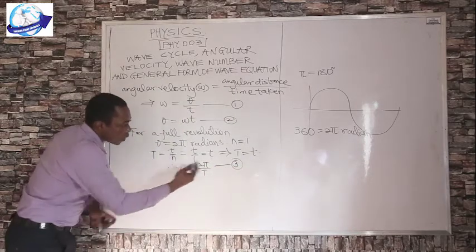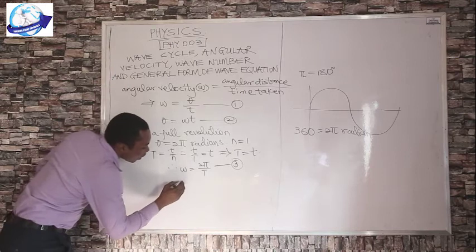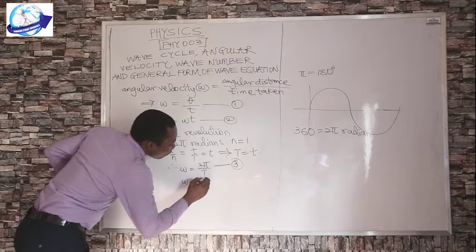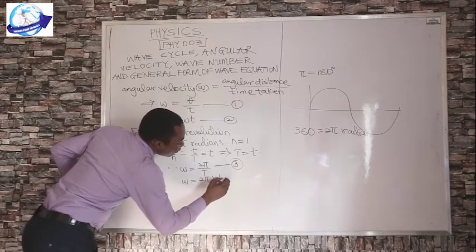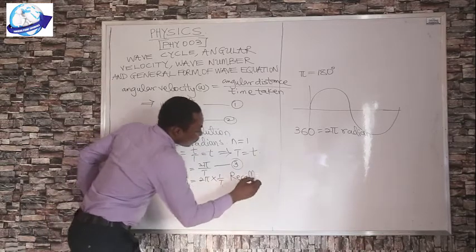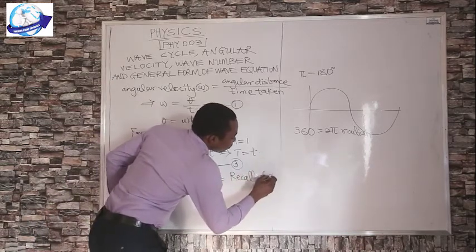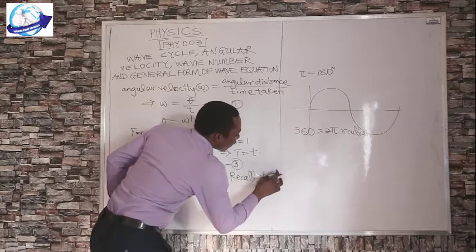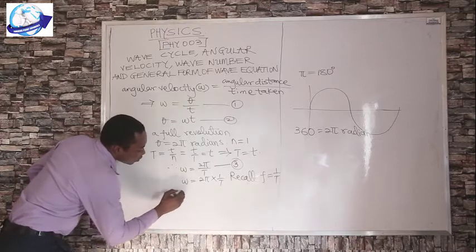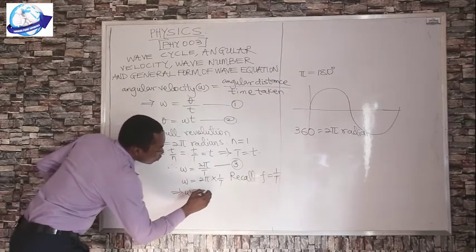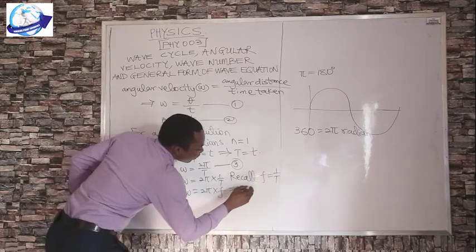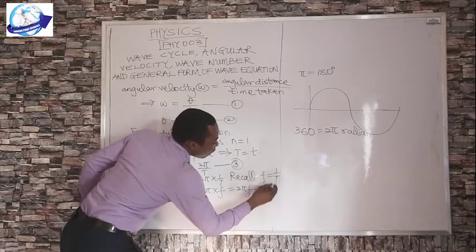Then if we do some adjustment here, we have that angular velocity is equal to 2 pi times 1 over period, and we recall before that frequency is equal to 1 over period, and for that reason omega, which is the angular velocity, is equal to 2 pi times frequency, and that is 2 pi f. For this one, equation 4.